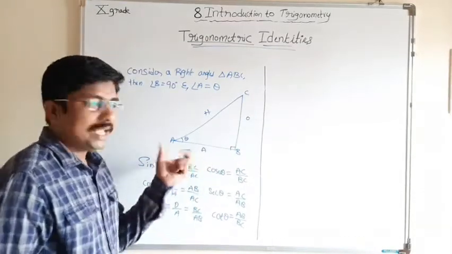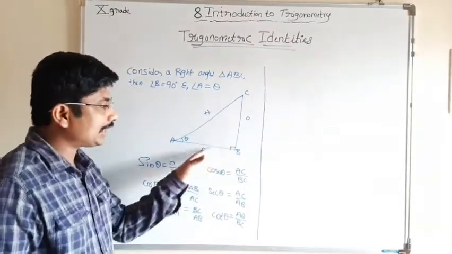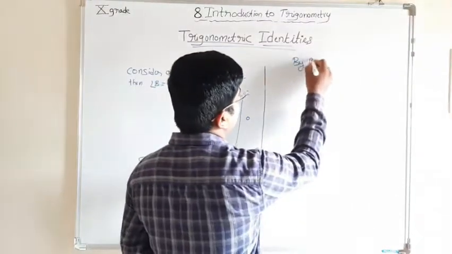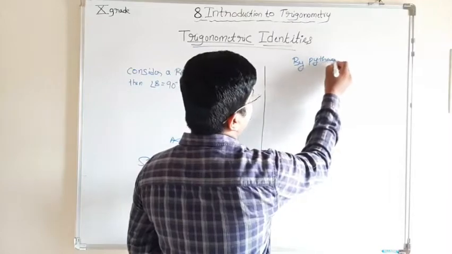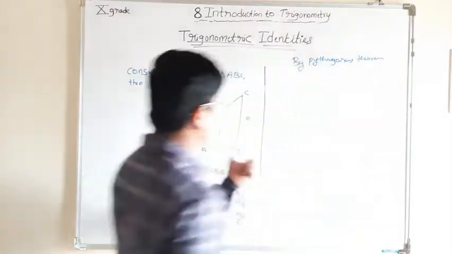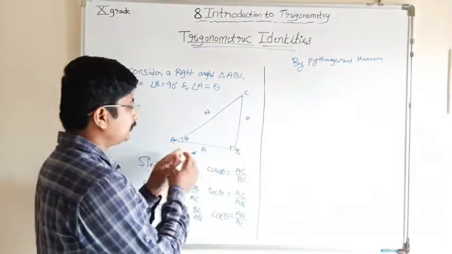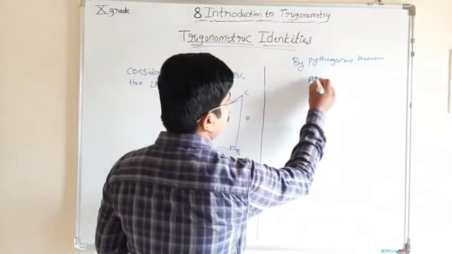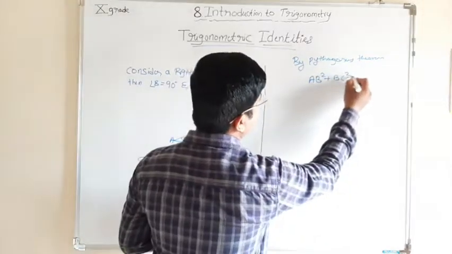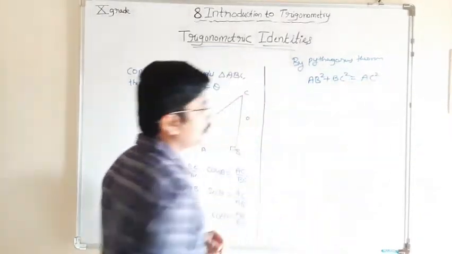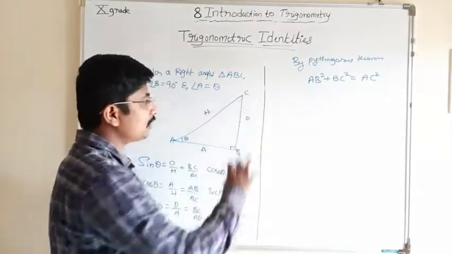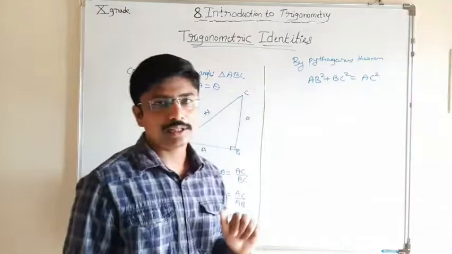By applying the Pythagoras theorem, because it is a right angled triangle: AB square plus BC square is equal to AC square, that is base square plus perpendicular square is equal to hypotenuse square.